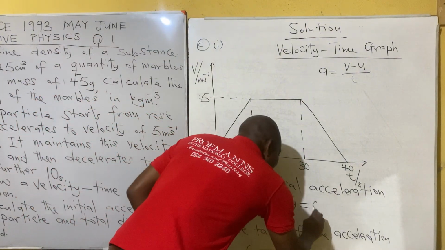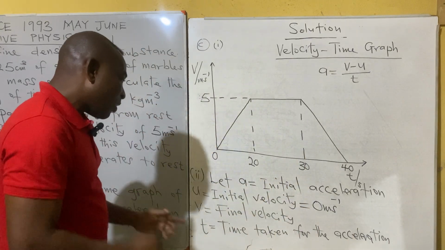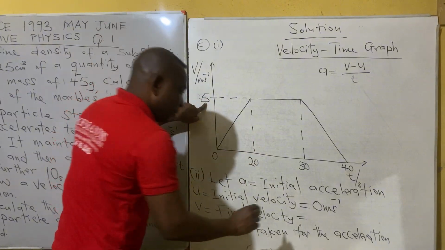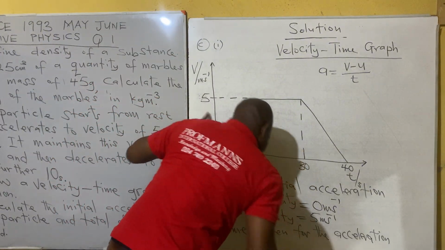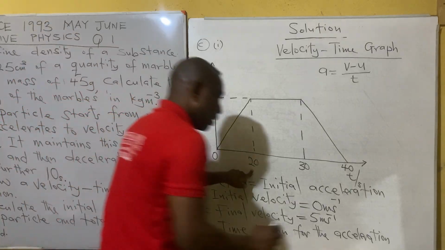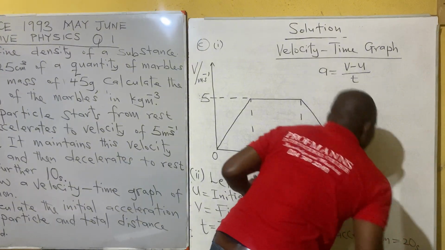So it's going to be 0 meters per second. Now, final velocity V is equal to 5 meters per second. And then time taken for the acceleration is equal to 20 seconds.